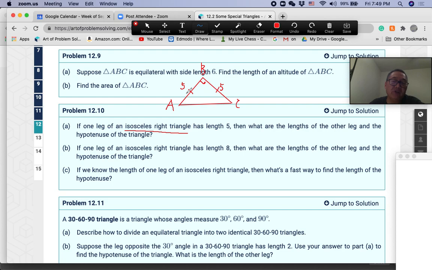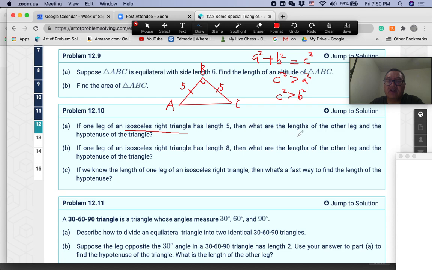You know, the hypotenuse is always longer than the legs, right? Because in a right triangle, a squared plus b squared equals c squared. So c squared is definitely greater than a squared, and c squared is also greater than b squared. So if one leg is 5, the other leg will also be 5 in this isosceles right triangle.